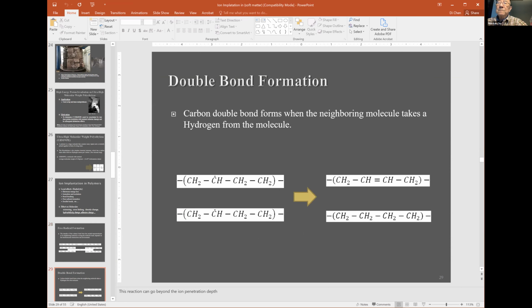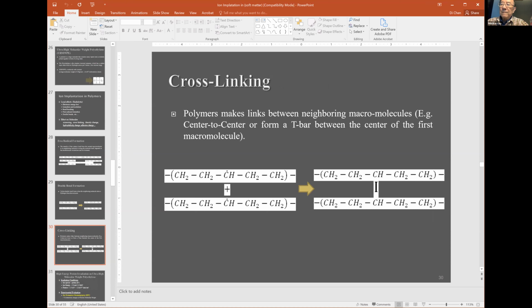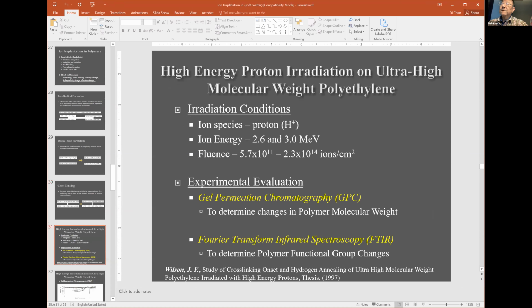Next one. Next view graph. Next view graph. Okay, and next view graph.